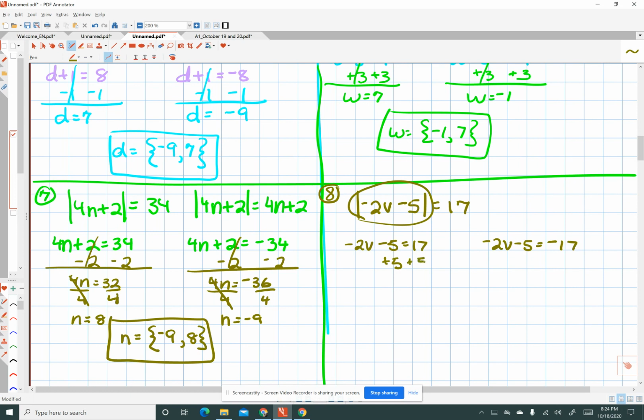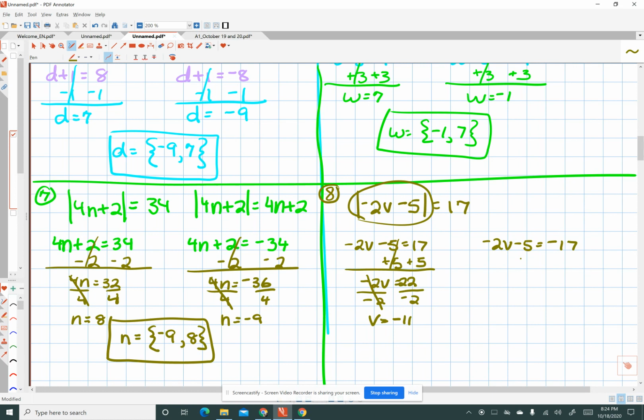on the left. Negative 2v equals 22. We'll divide by negative 2. And on the right-hand equation, v equals negative 11.